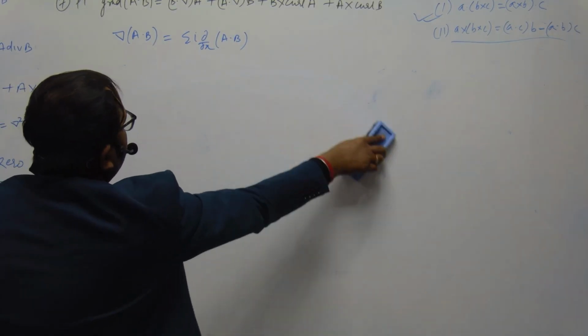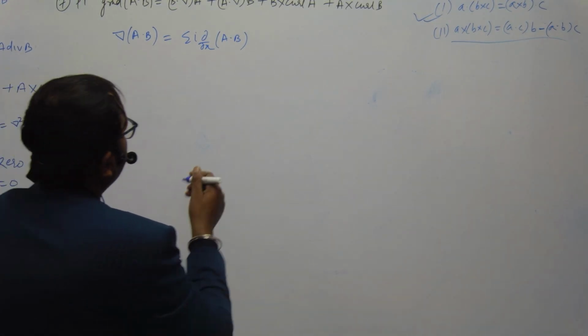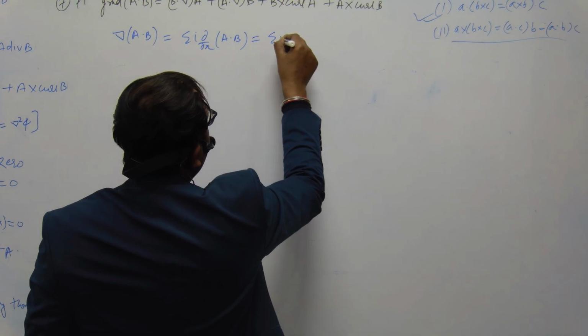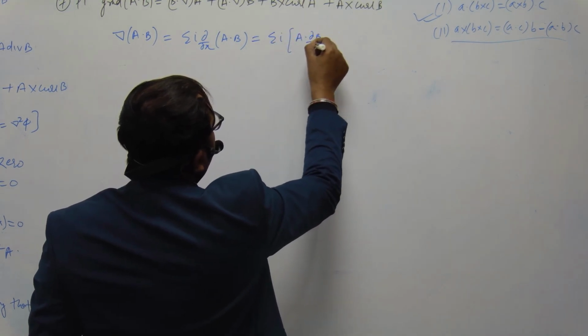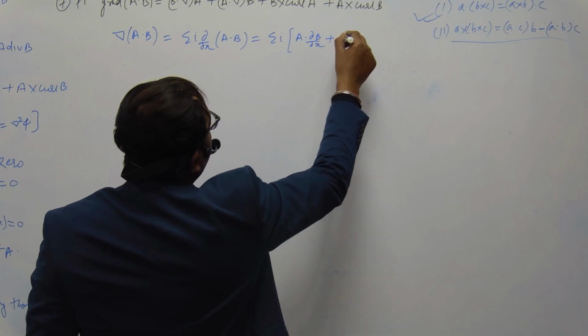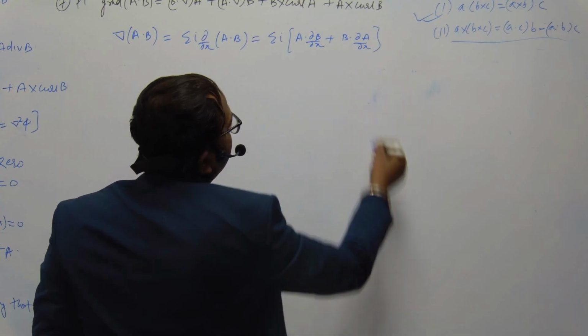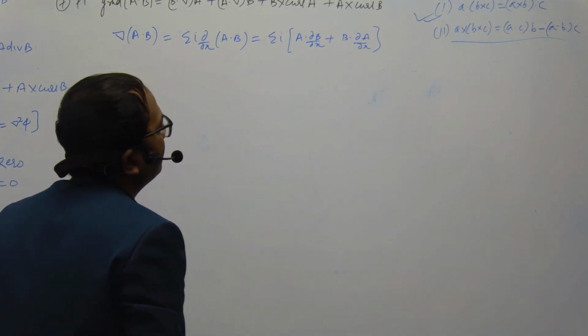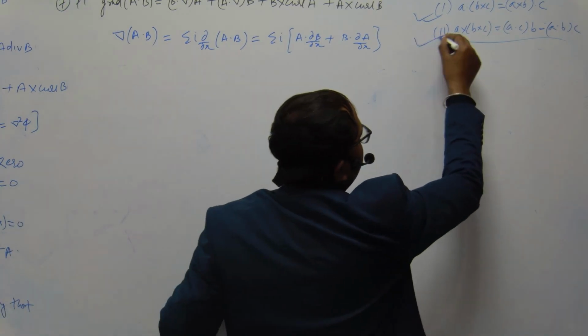Okay, so let us further simplify this. So this is equal to summation I of A dot del B upon del x plus B dot del A upon del x. So from the third identity, let us use this third identity.